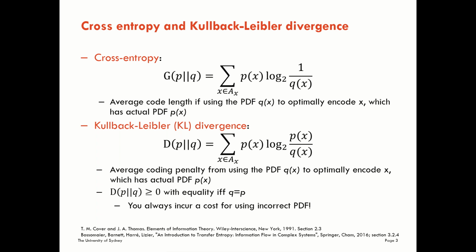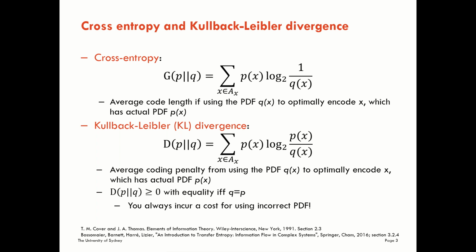It's simply taking the cross entropy and subtracting the Shannon entropy away from that. Okay? So it's a code penalty if we use the distribution Q to make the encoding, but the real distribution is P. Now here, the Kullback-Leibler divergence is always greater than or equal to 0. So we can't have a negative coding penalty on average here.